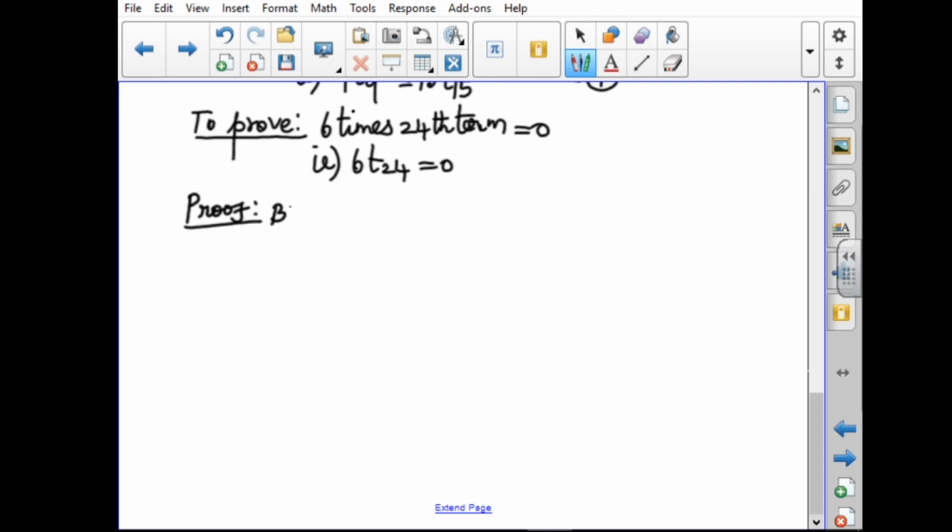By 1, 9 T9 equal to 15 T15. Substitute the value.